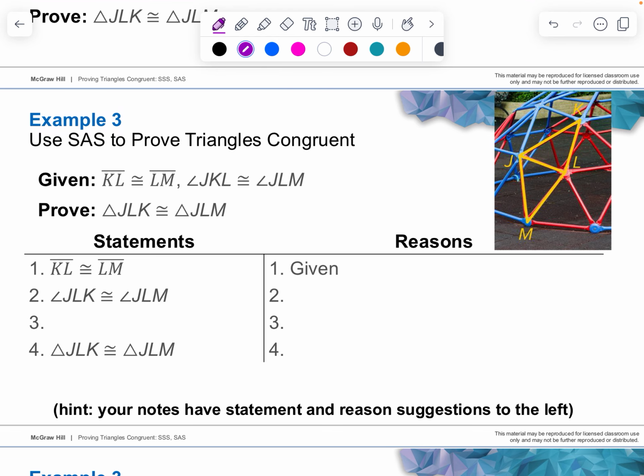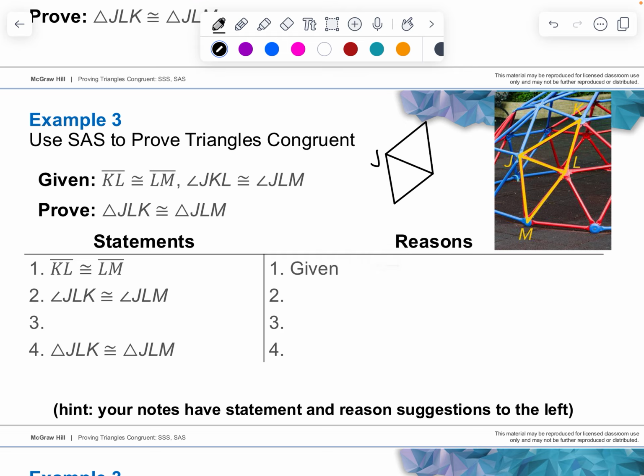So we are given, I'm going to kind of draw this out. Come on, Notability. Do what I'm thinking, not what I'm doing.